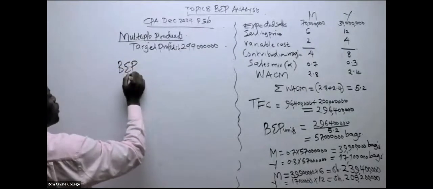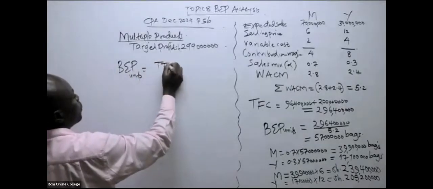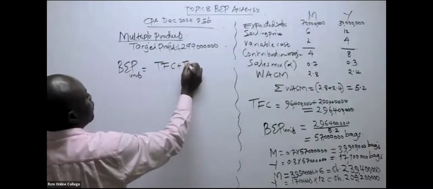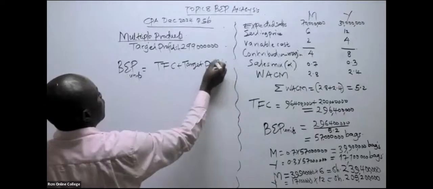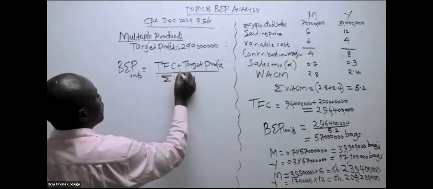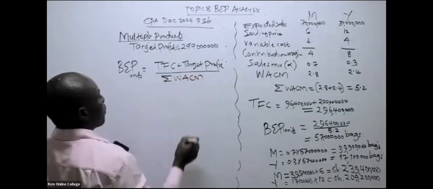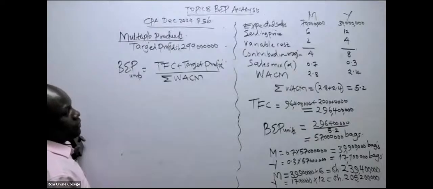So how do we get the break-even point? Remember, they want it in units. It will be total fixed cost plus target profit, and all of this you divide by the summation of weighted average contribution margin. So do we have total fixed cost?